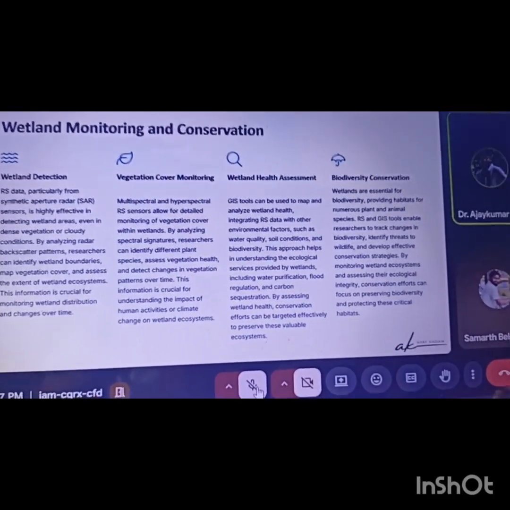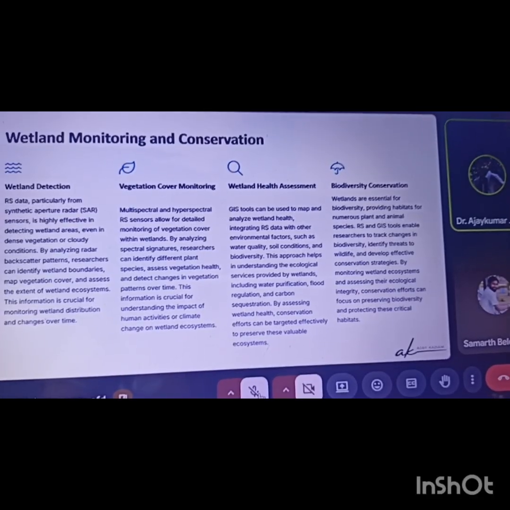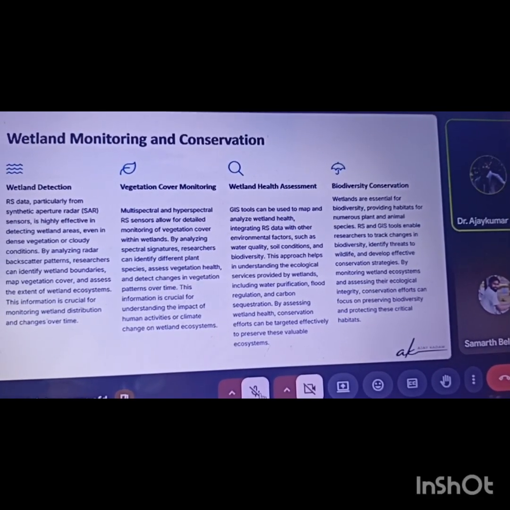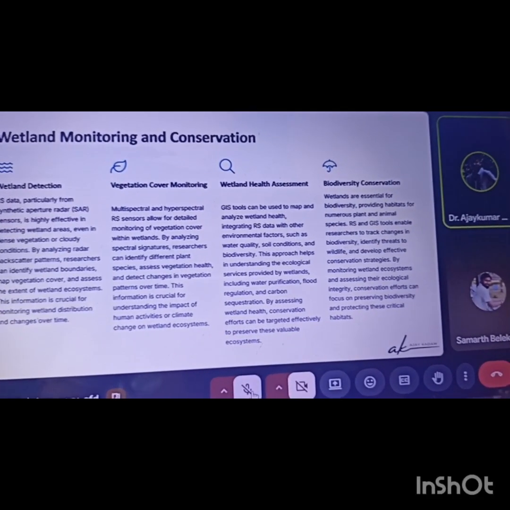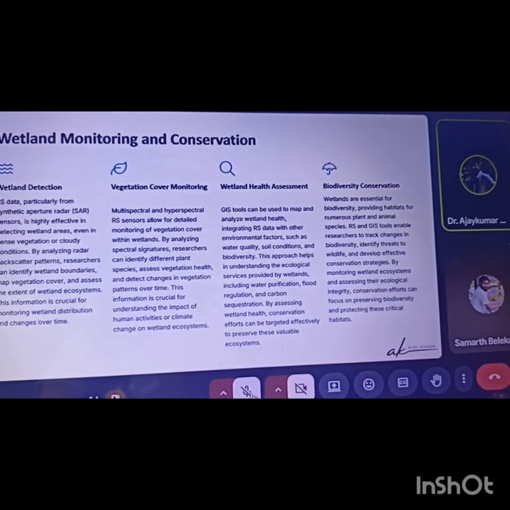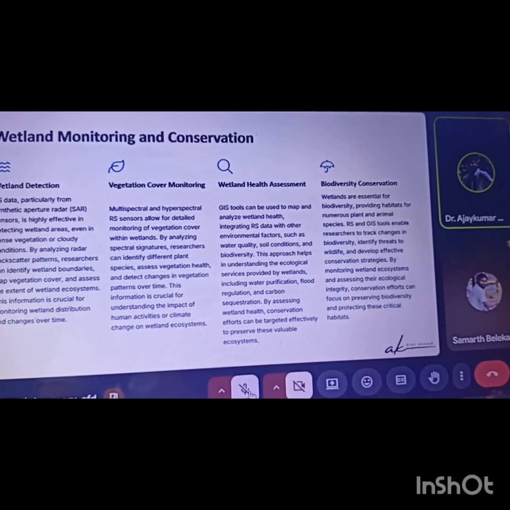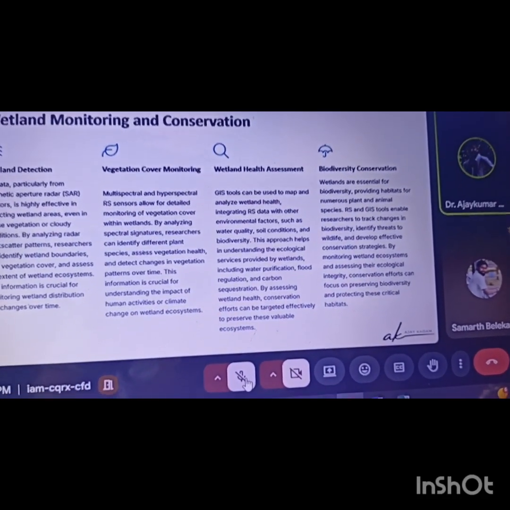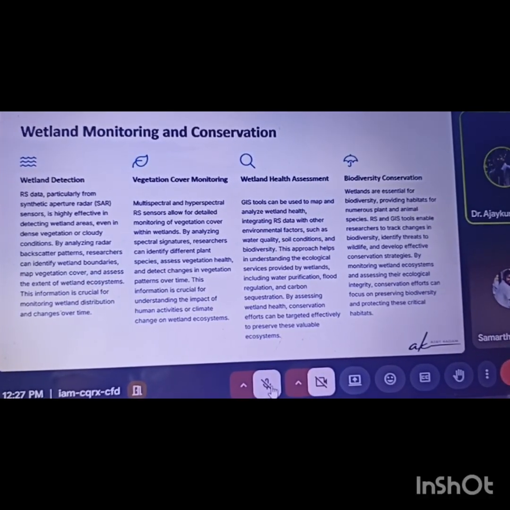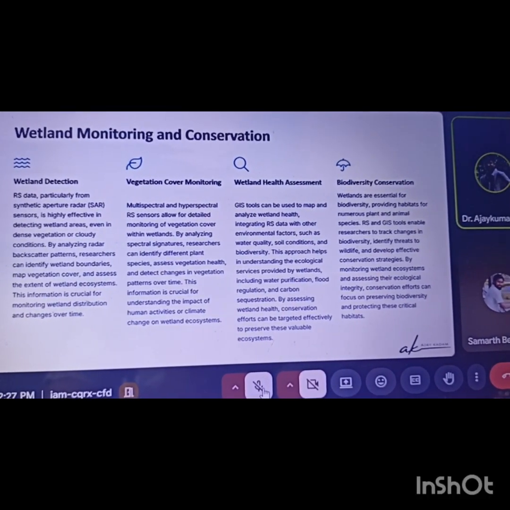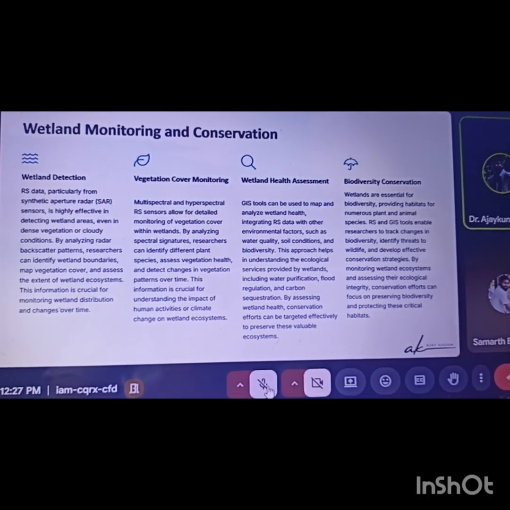This biodiversity conservation is done for the Sundarban Delta, which is also a wetland area. For that area, good wetland conservation plans are prepared with the help of GIS and remote sensing. So all this analysis we can do with the help of GIS and remote sensing.